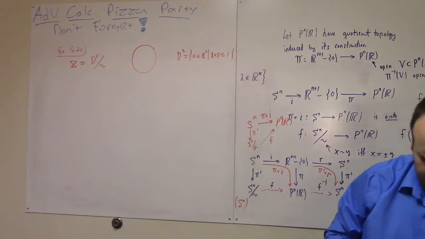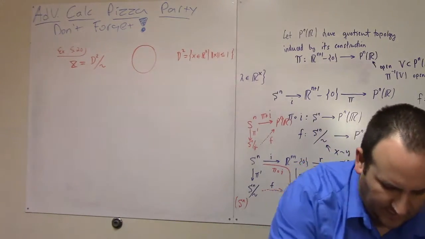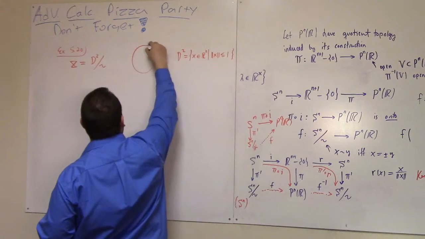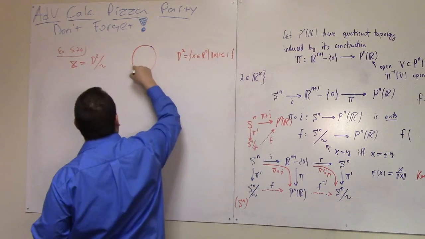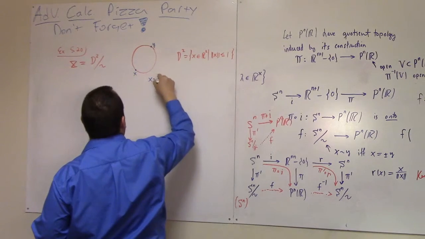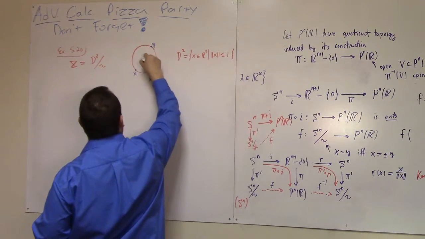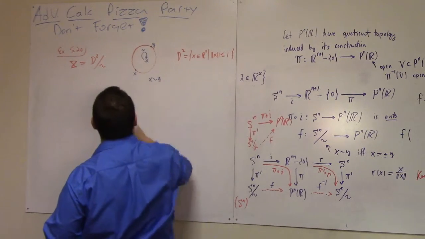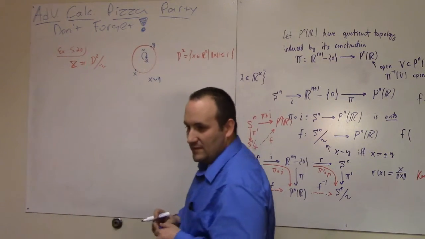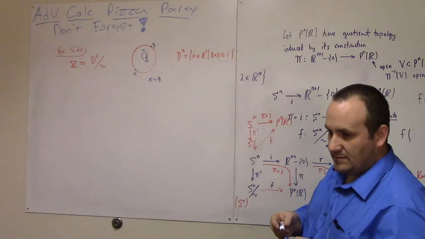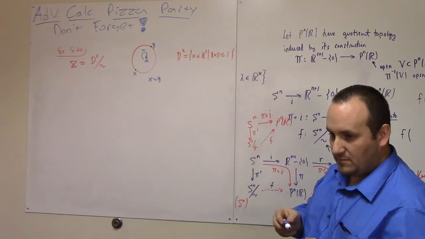Like this point and this point, those x are equivalent. And then of course x is equivalent to x for x within the disk. Every point is self-equivalent inside the disk, but then the points on the boundary are identified with their antipodes.